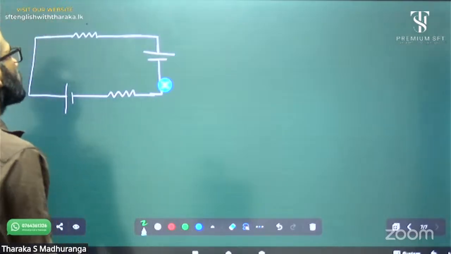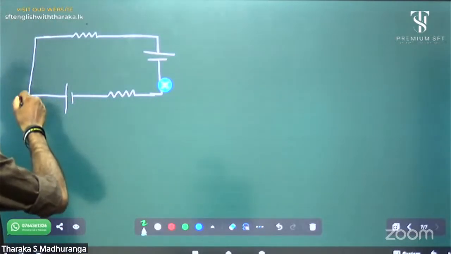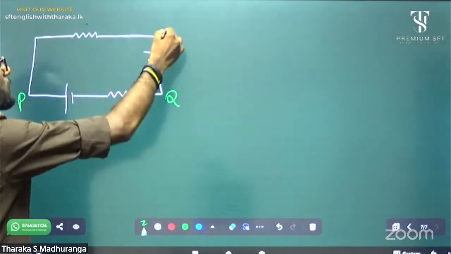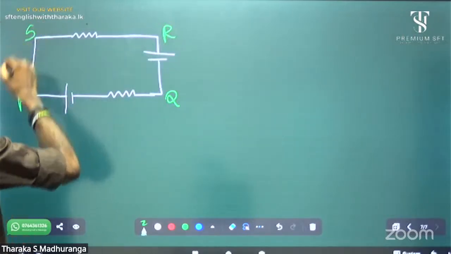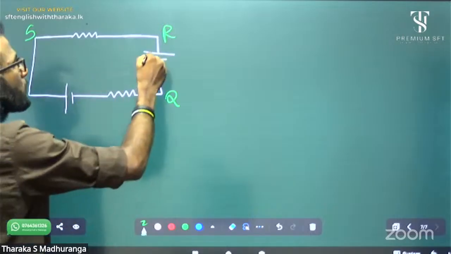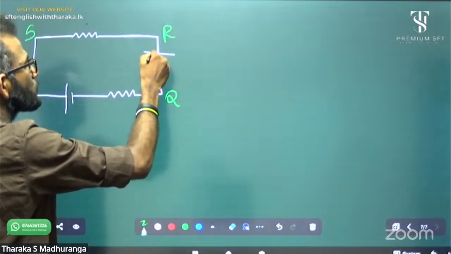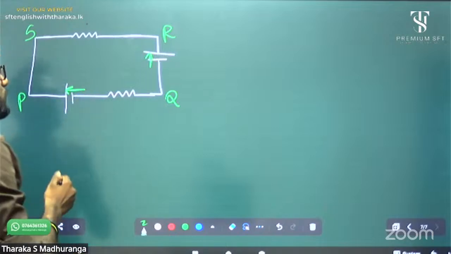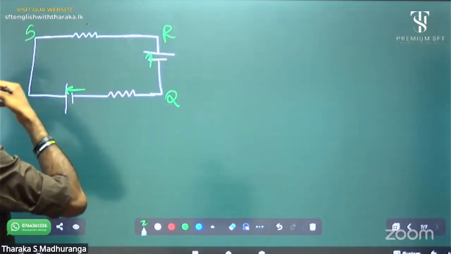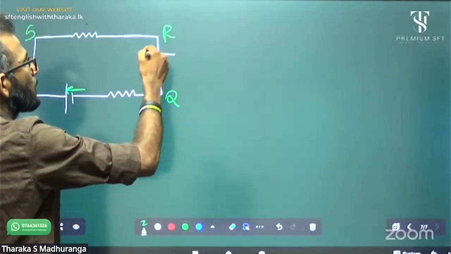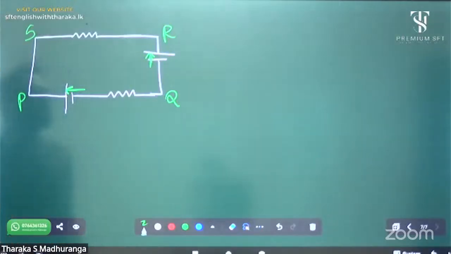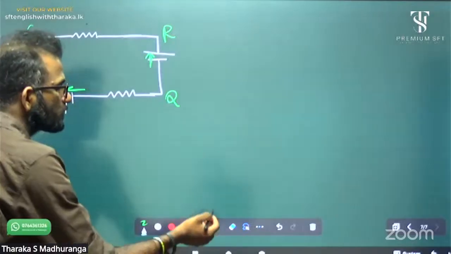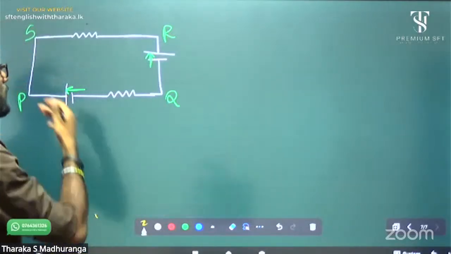First I am going to label this PQRS. First step. Second step, mark the electromotive force direction. Third step, mark the current direction.